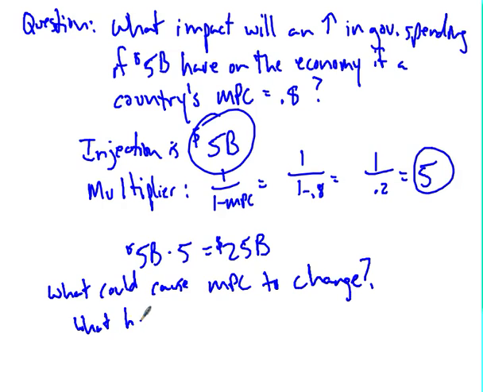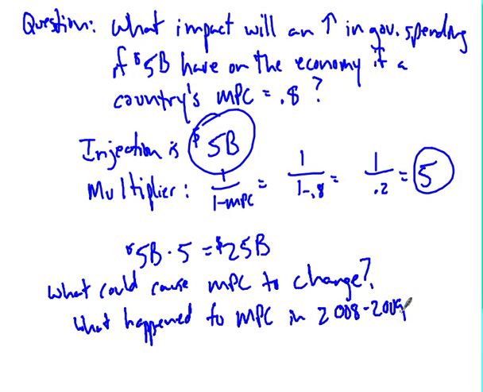Let's see, what happened to MPC in 2008 to 2009? There was this big recession. What do you think people started to do? Did they consume the same amount, or do you think they consumed less, or do you think they consumed more?